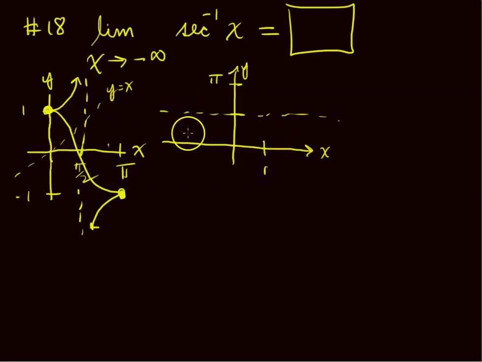There's a 1, there's a negative 1, and I know that if this is 0, 1, then at 1, 0, I have a point, and I approach the asymptote. At pi, negative 1, so I say negative 1, pi, I have a point, and it approaches the asymptote. Okay.